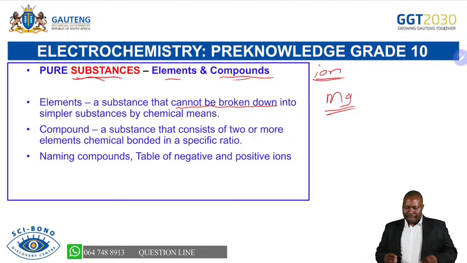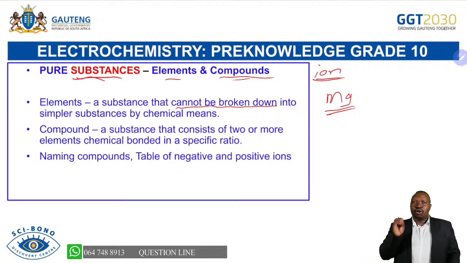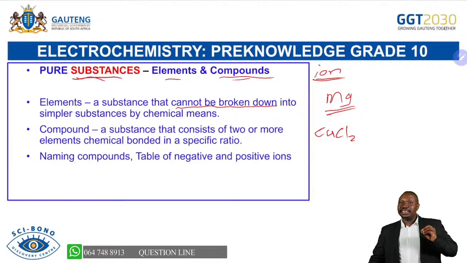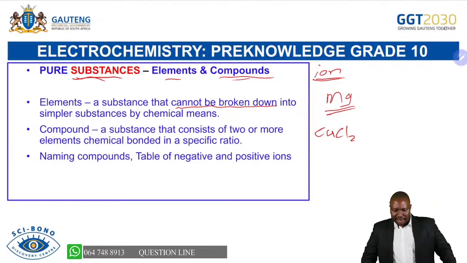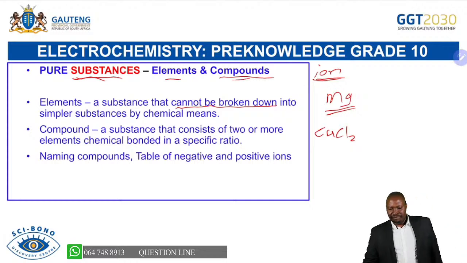When you have two or more elements that are chemically bonded in a specified ratio, we call that a compound. For example, you can have copper chloride. Copper chloride is a compound because it has two or more elements joined together in a specific ratio.